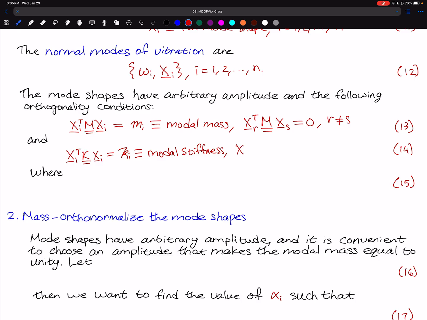And likewise, if you compute this for different modes, you'll find that it equals 0. So they also have stiffness orthogonality.